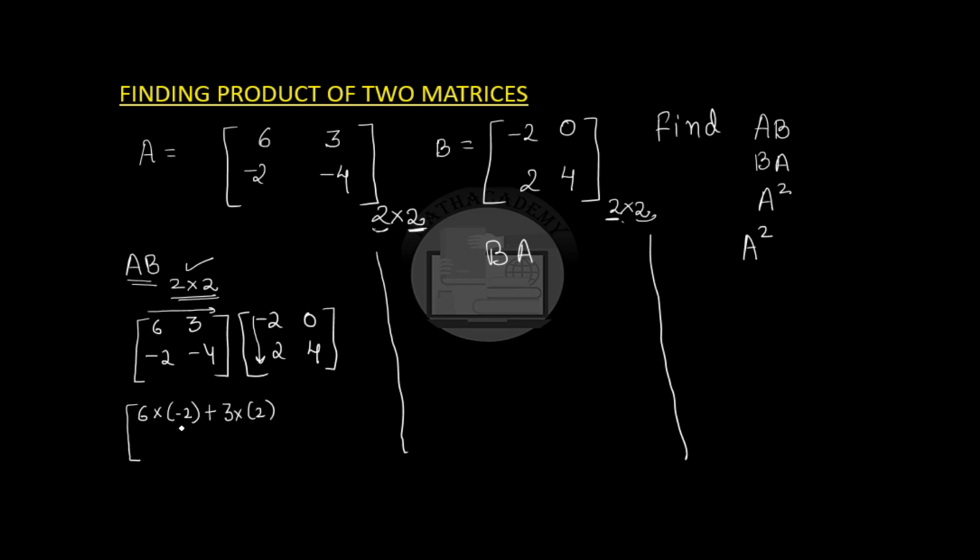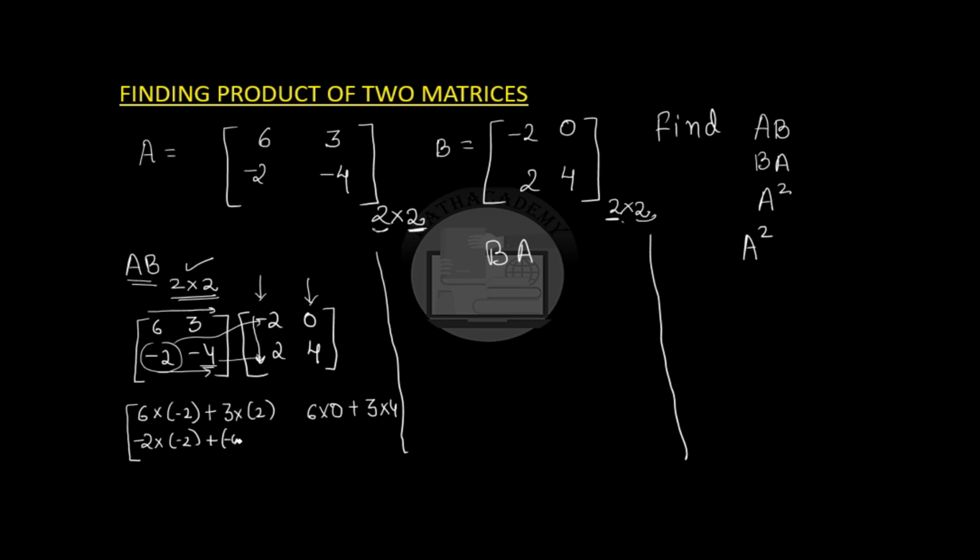Is this clear? Now, the first row of the first matrix A gets multiplied to the second column of matrix B. So it will be 6 times 0 plus 3 times 4. Okay, the second row of matrix A gets again multiplied to the first column of matrix B. So minus 2 times minus 2, this element here gets multiplied to this element here, and minus 4 gets multiplied to 2.